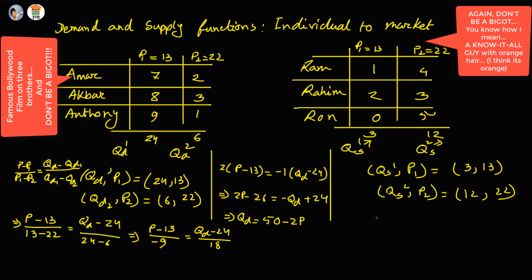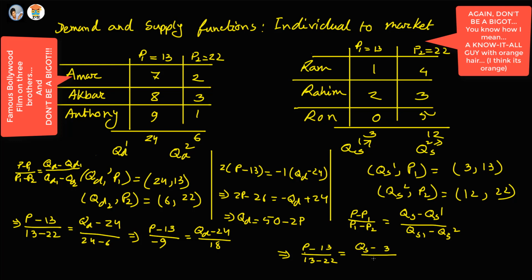Similarly, if we want to find the linear supply function, using the same formula, P minus P1 divided by P1 minus P2 is equal to QS minus QS1 divided by QS1 minus QS2. Replacing the values, P minus 13 divided by 13 minus 22 is equal to QS minus 3 divided by 3 minus 12. P minus 13 divided by minus 9 is equal to QS minus 3 divided by 9.